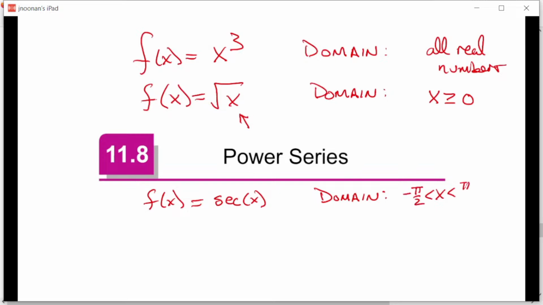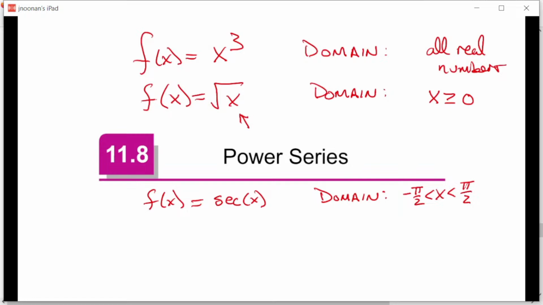Negative pi over 2. So Lucas is right that there's something special about negative pi over 2 and pi over 2. If you plug pi over 2 into secant on your calculator, it'll say error. Same thing goes with negative pi over 2.